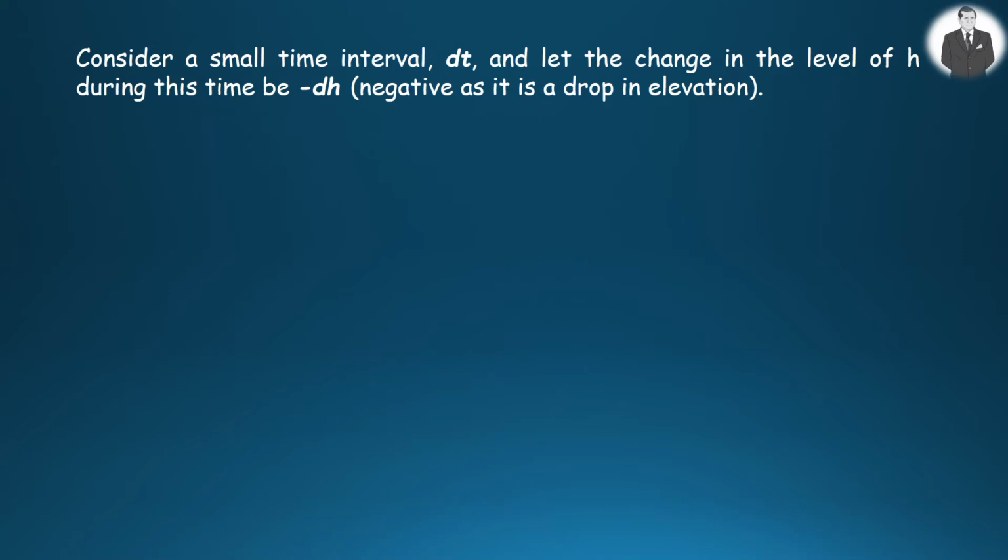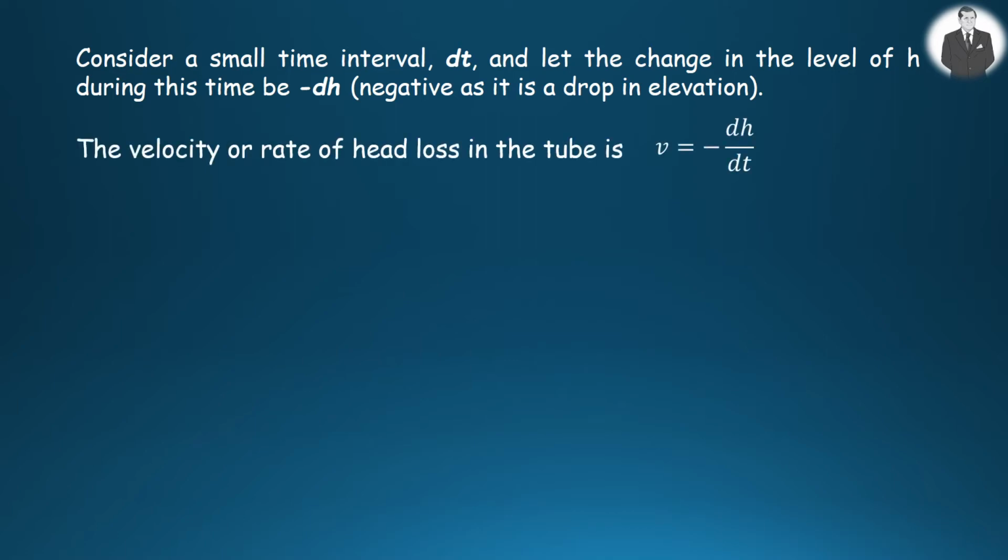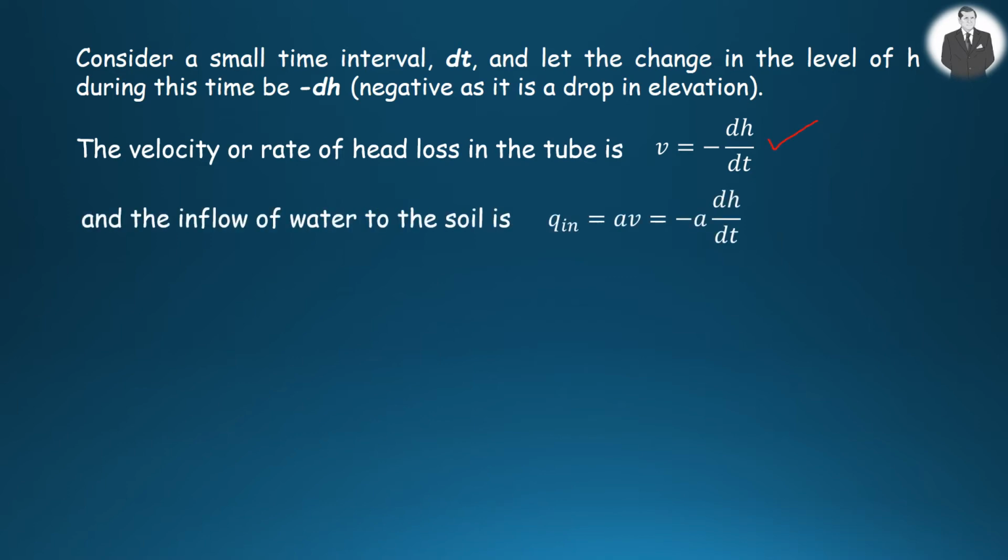It is negative because it represents a drop in elevation. The velocity in the tube can be given as minus dH over dt, and the inflow of water to the soil can also be given as minus A times dH over dt.